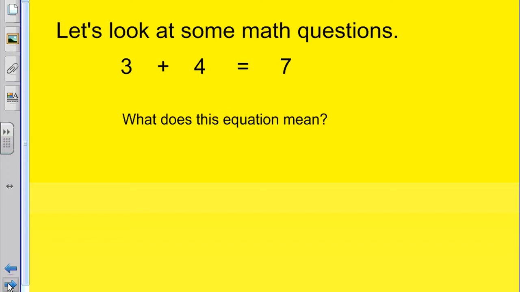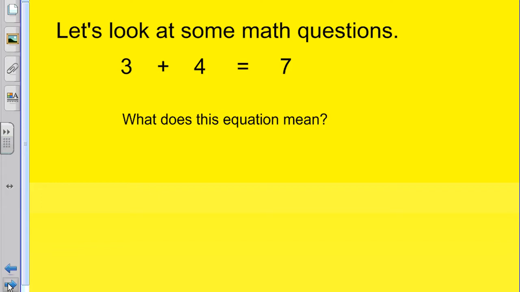What does the 3 represent or mean? Yes, Tiana. It means 3. 3 means 3. That's like saying the cat means cat.